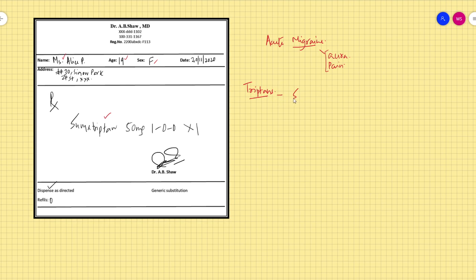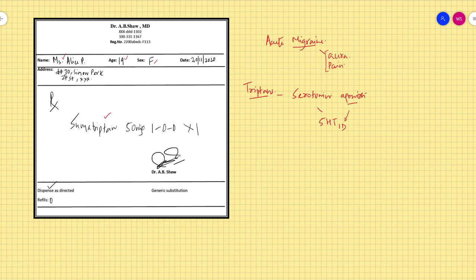Basically serotonin agonists, and specifically in this case sumatriptan acts as a 5-HT1B agonist.